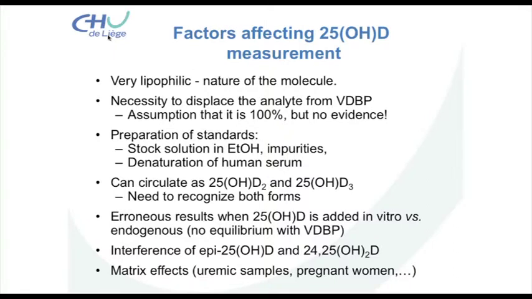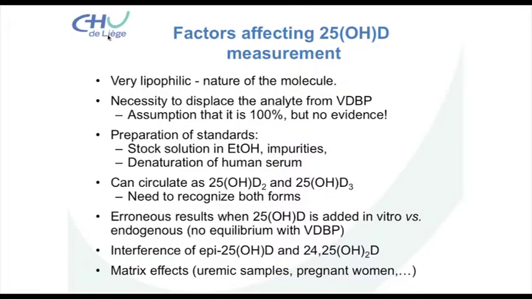You have different interferences with the C3 epimer, which is present in young children, or the 24,25-dihydroxy vitamin D, which is produced when you give higher doses of vitamin D. This can give interference with immunoassays. You have matrix effects with uremic samples from hemodialyzed patients, and matrix effects with the vitamin D binding protein in pregnant women. So it's very complicated to have a good vitamin D determination.